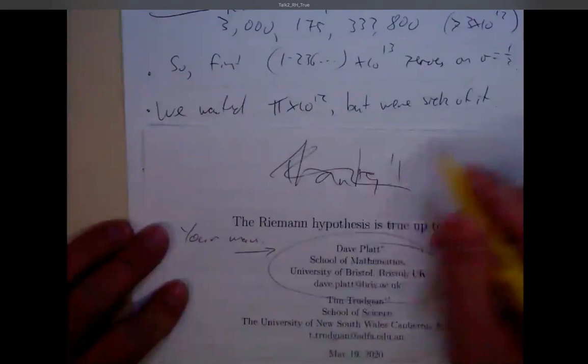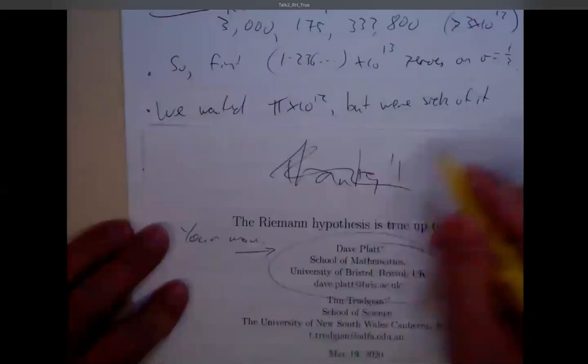Another way of saying that we're close, if you like, to proving the Riemann hypothesis is to say something like, well, yeah, there could be some zeros off the line, but if I look at all the zeros in the box up to height t, where t is very large, then at least 40% of those lie on the critical line.